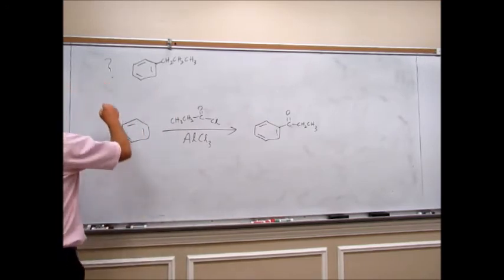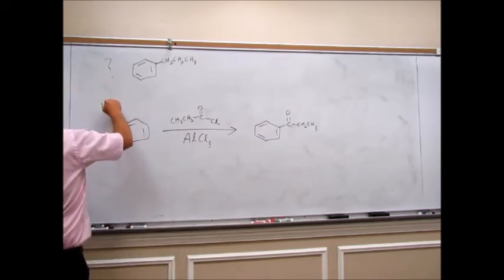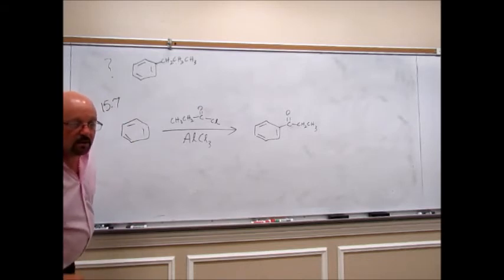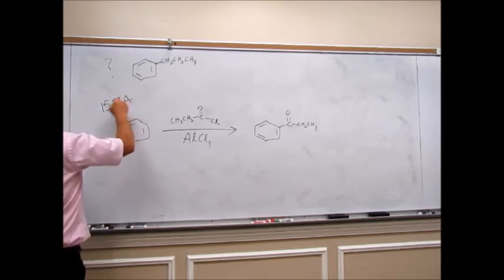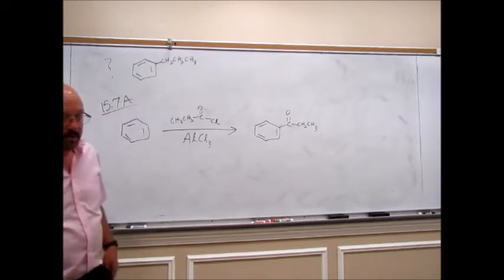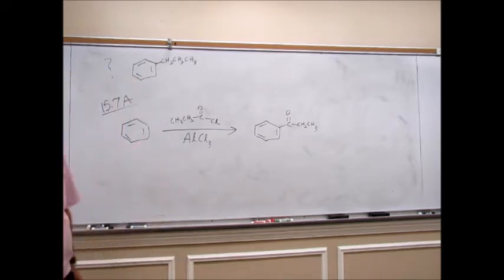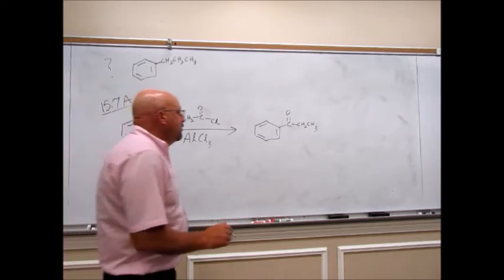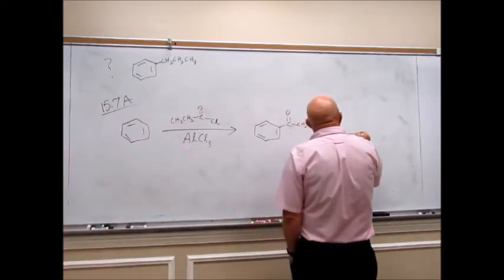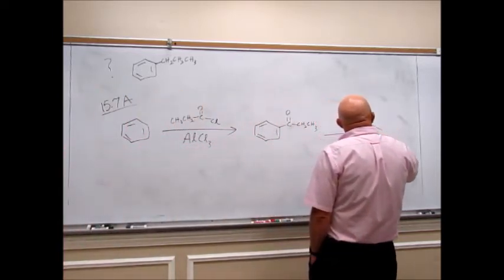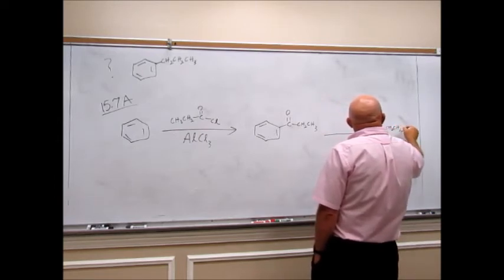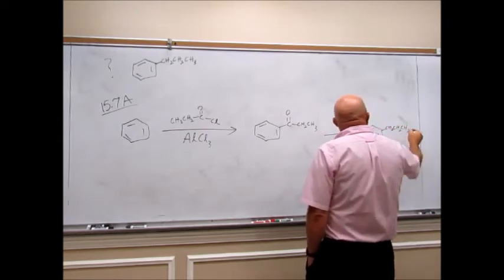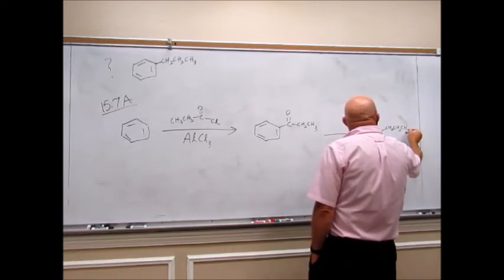Oh, I forgot to write the section down. This is 15.7 A. We'll do A first here. And then we need to get to the product, we need to do what kind of reaction?